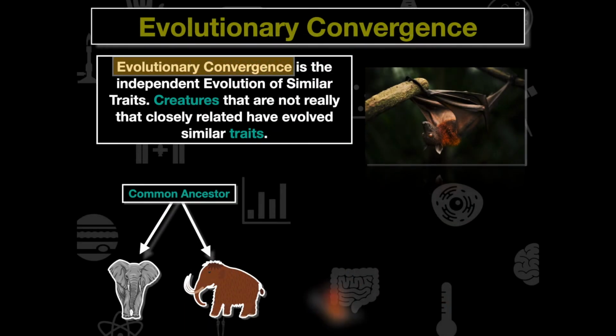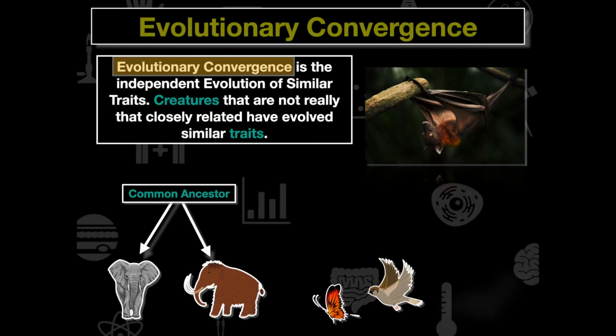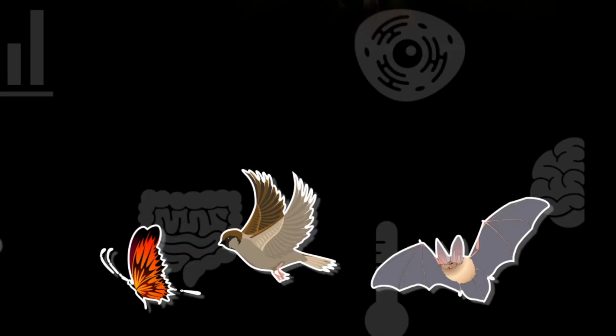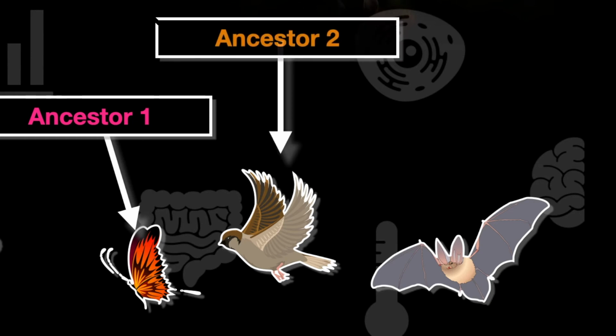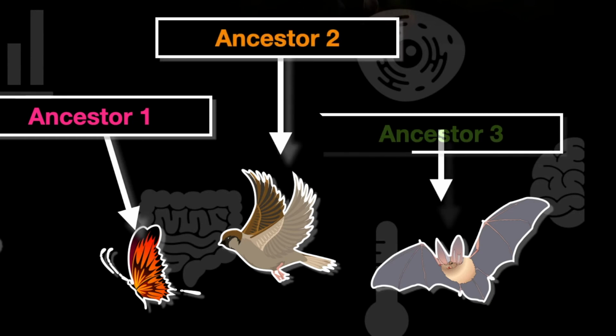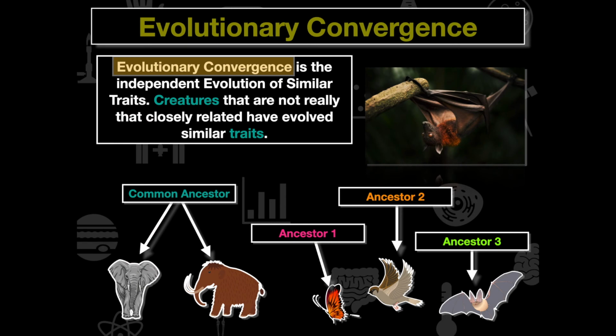Now, if we're talking about evolutionary convergence, let's think about the butterfly, the bird, and the bat. They don't have a recent common ancestor. So the butterfly evolved the wings independently from an ancestor, the bird from another ancestor, and the bat from another ancestor. And what wings are is they're really allowing these individuals to be fit in different environments because wings are so powerful for the fitness of those organisms.